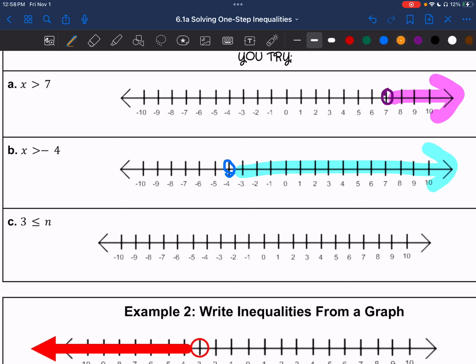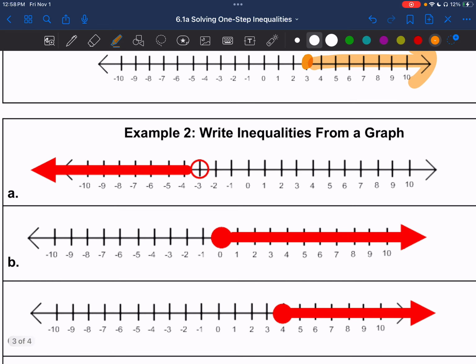And letter C, we have 3 is less than or equal to n, so it's going to be a closed dot at 3, and it's on the opposite side, so we're going to shade the opposite direction, and this will also shade to the right, because n is greater than or equal to 3.